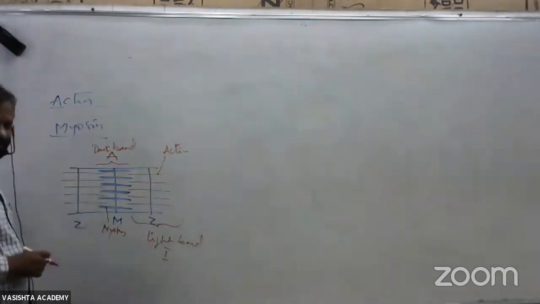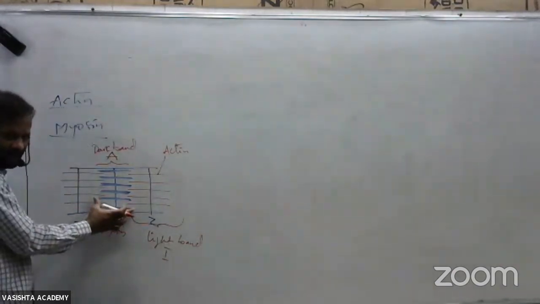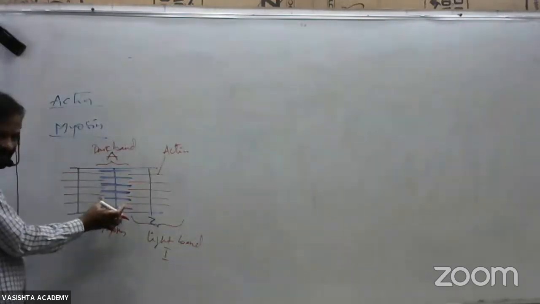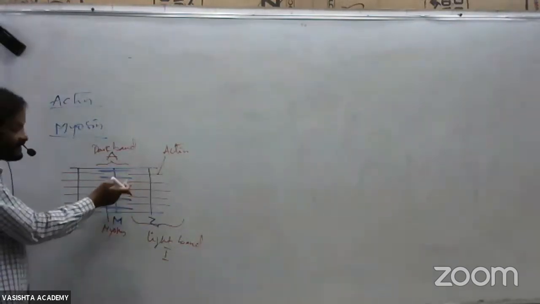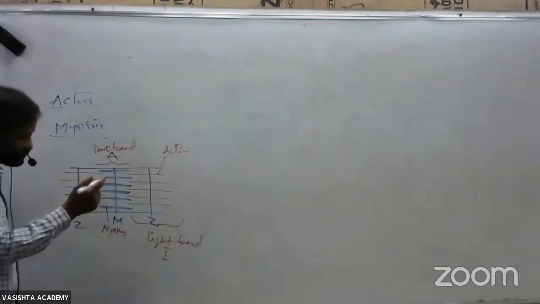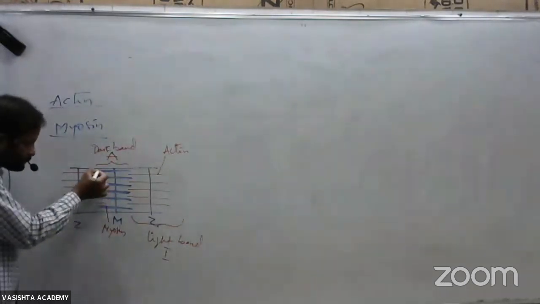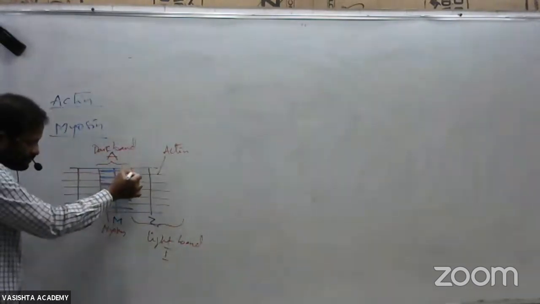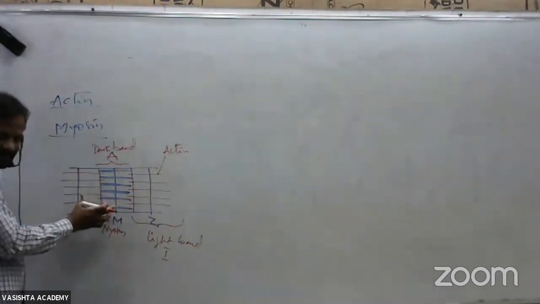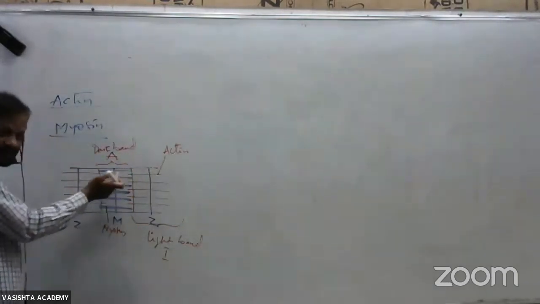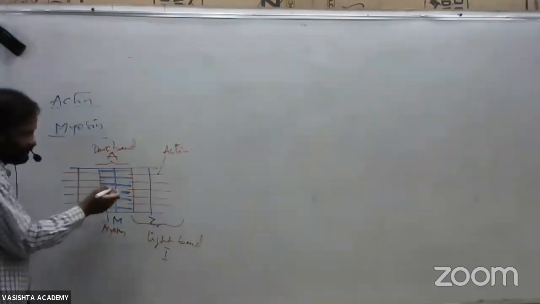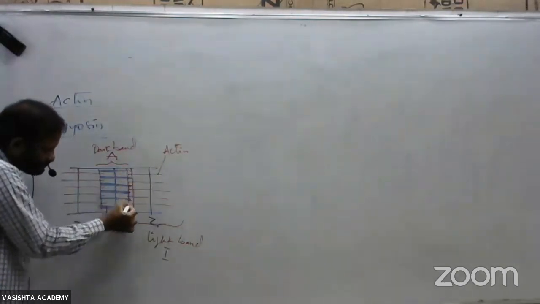And I said, in this dark band, in the middle region where actin filaments are absent, if you observe carefully, up to some extent, into the dark band actin filaments are protruded. That means up to here.